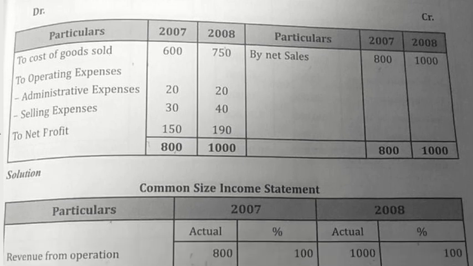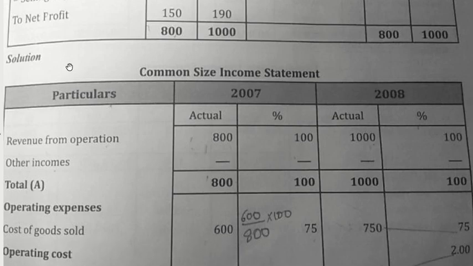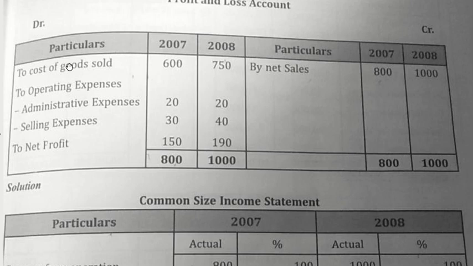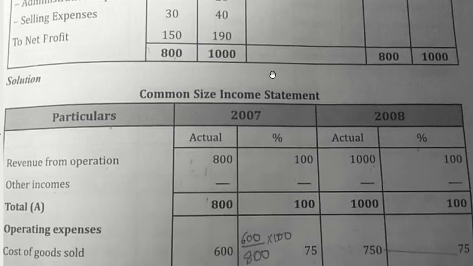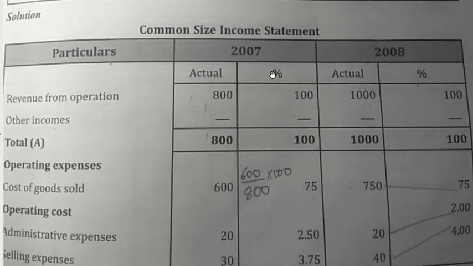They have given to cost of goods sold, to operating expenses, administrative expenses; these are all expenditures. By net sales, this is your revenue from operation. So you start with your common size income statement.